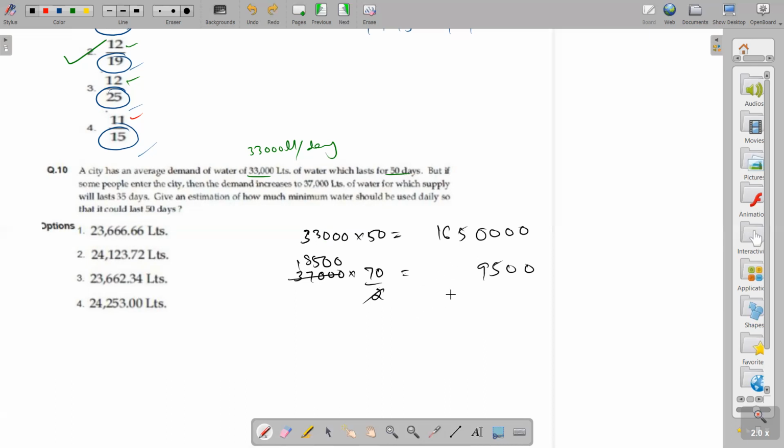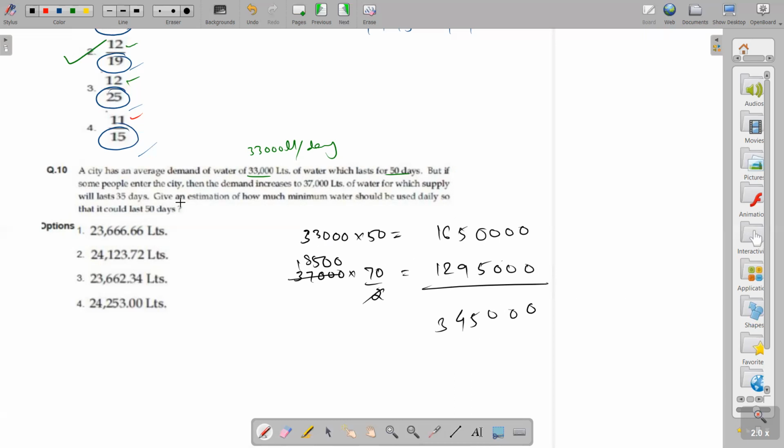Is it correct? No. There has to be one more zero; 3 zeros are there. Now it is correct. We have to subtract this one, 9, 4. This is 3, and this is 5, and 345,000.